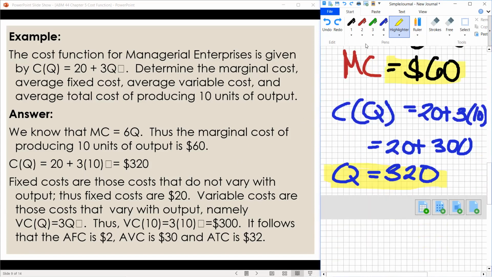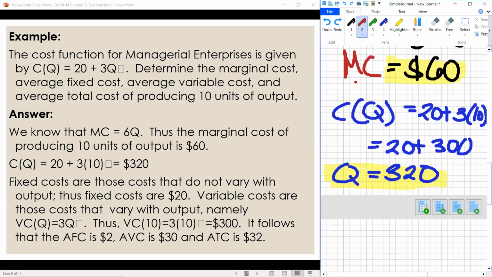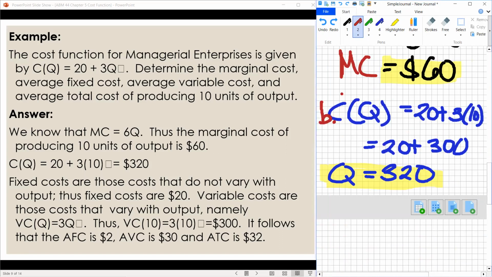So the second one is number 2, letter B. So this is actually letter B. So 320 is our quantity. So let's try to look for the average fixed cost, variable cost, and average total cost.